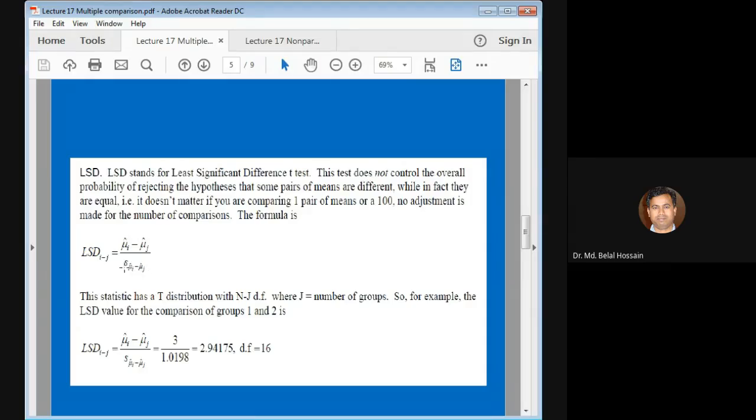This S is a standard error. So in the numerator you have the group means, you subtract these two means and divide it by their standard error. So this is very simple.